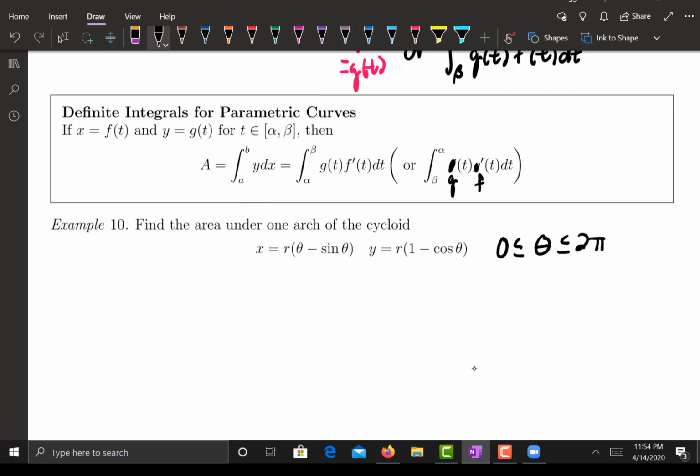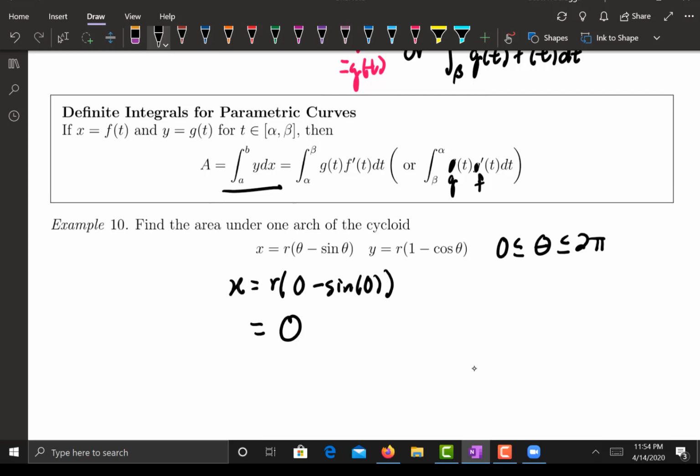Because I know my bound for the parametric equation is 0 to 2 pi, I'm going to plug in 0 and 2 pi for my values for x. And the reason why I'm plugging that in for x and not y is because when I do my original integral, it's with respect to x, not with respect to y. So my bounds are going to be determined based on what x is.